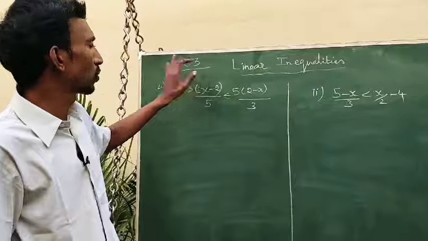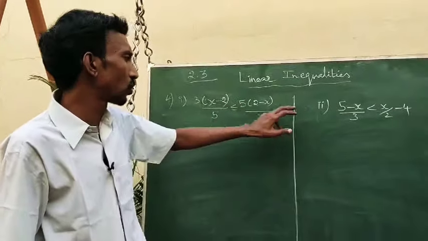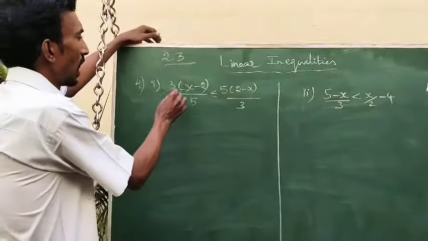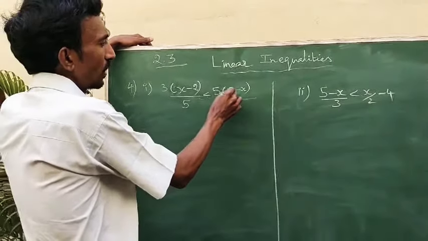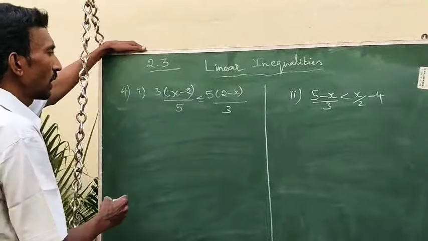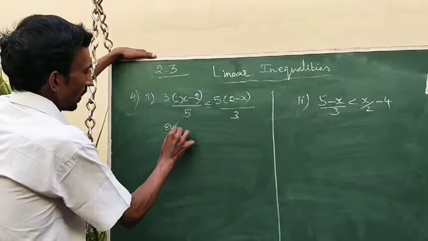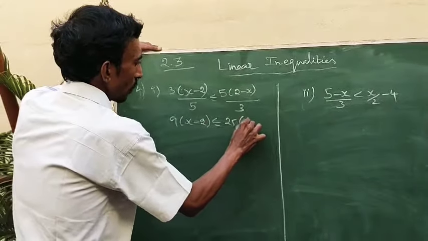Number 4 in exercise 2.3, our aim is to solve these two inequalities. It contains two subdivisions, so let me solve one by one. The first subdivision is 3 into x minus 2 by 5 less than or equal to 5 into 2 minus x by 3. Okay, so just cross multiply. So 9 into x minus 2 less than or equal to 25 into 2 minus x.